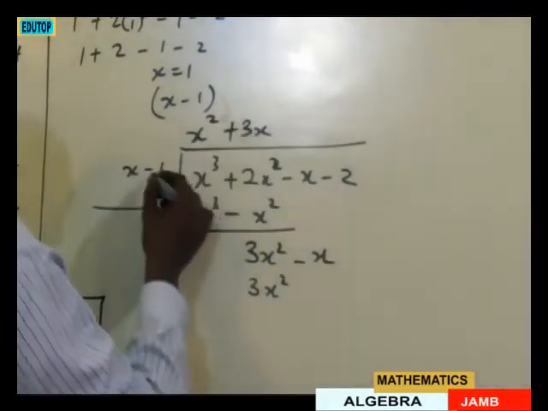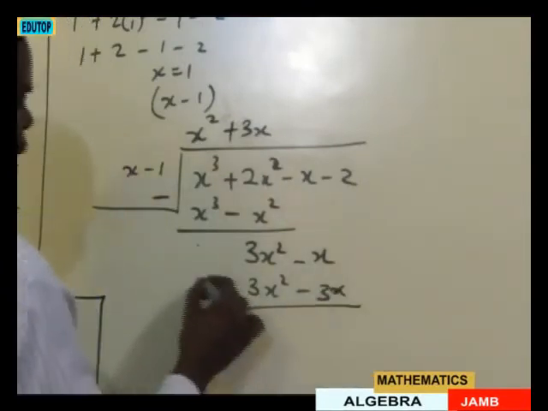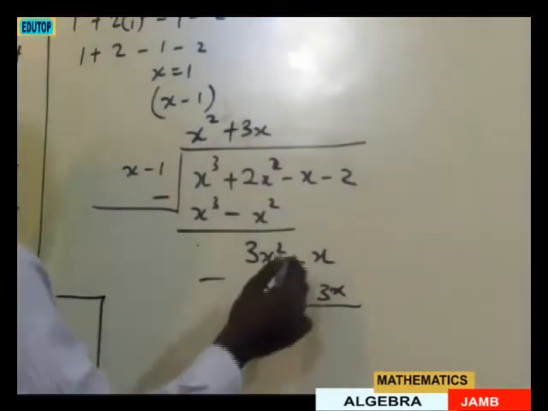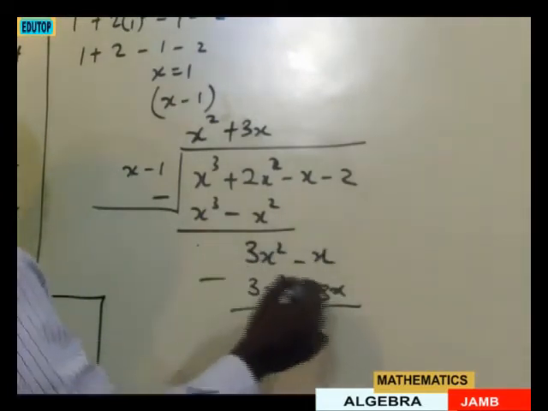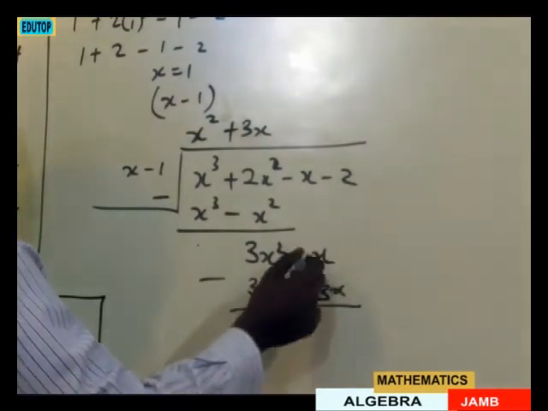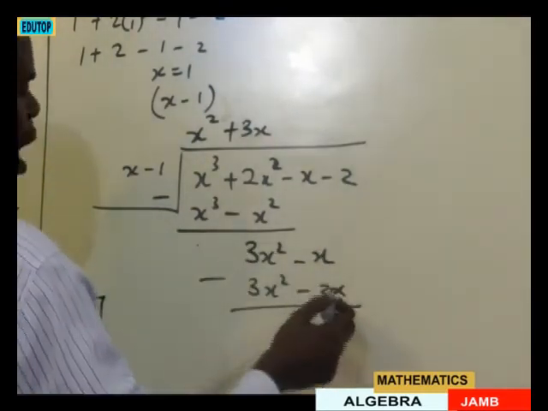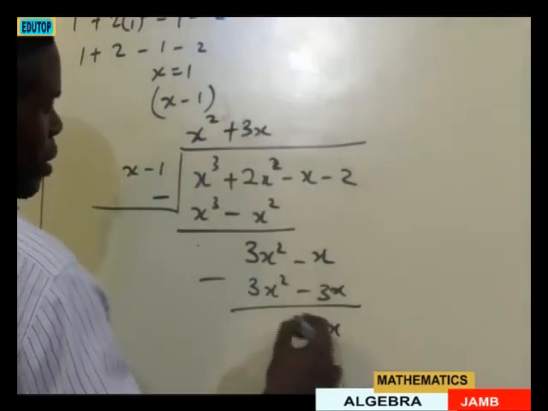Plus 3x multiplied by minus 1, that becomes minus 3x. So I remove the line here and subtract. This minus this cancels out. Minus x minus minus 3x becomes minus x plus 3x, and that is plus 2x.